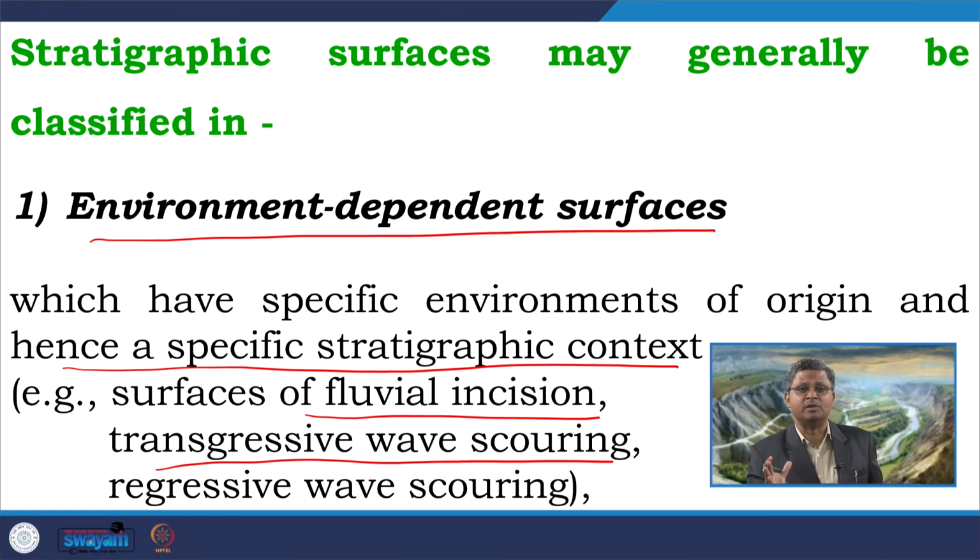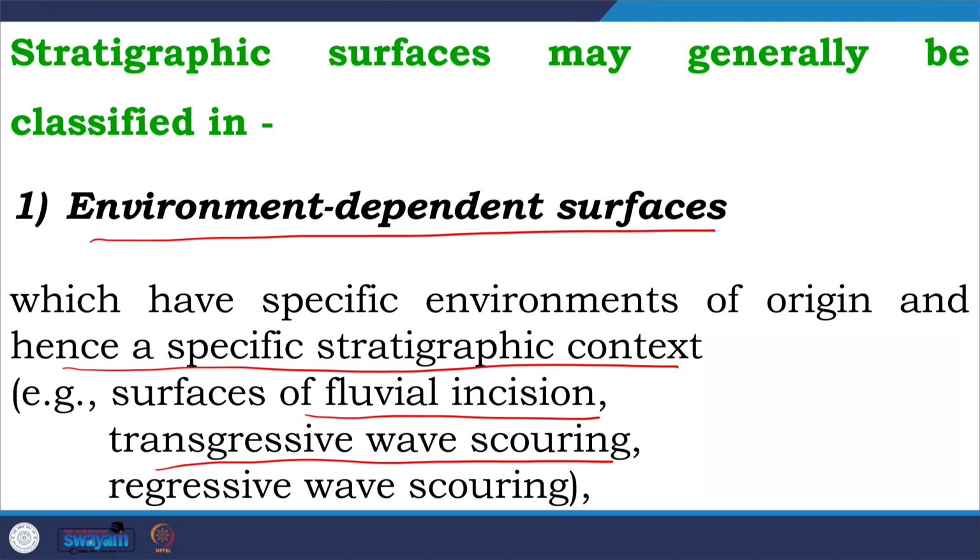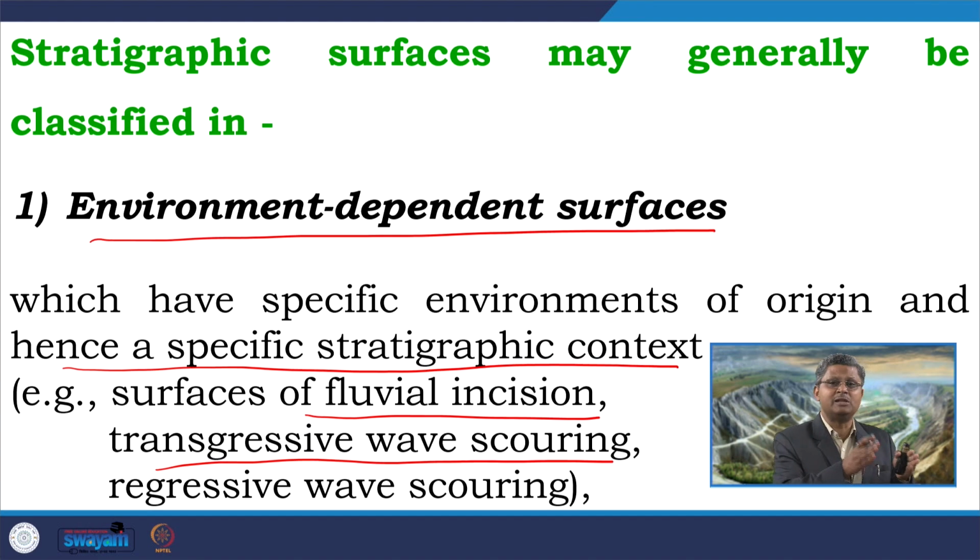So, we can get this transgressive wave scouring only above the wave base. It will be in very shallow water, within the marginal marine part, maybe going a little bit into the estuarine system. But if we go into the continental part, wave activity will not be possible over there, so we cannot expect a wave scouring surface to form during transgression in the continental setup.